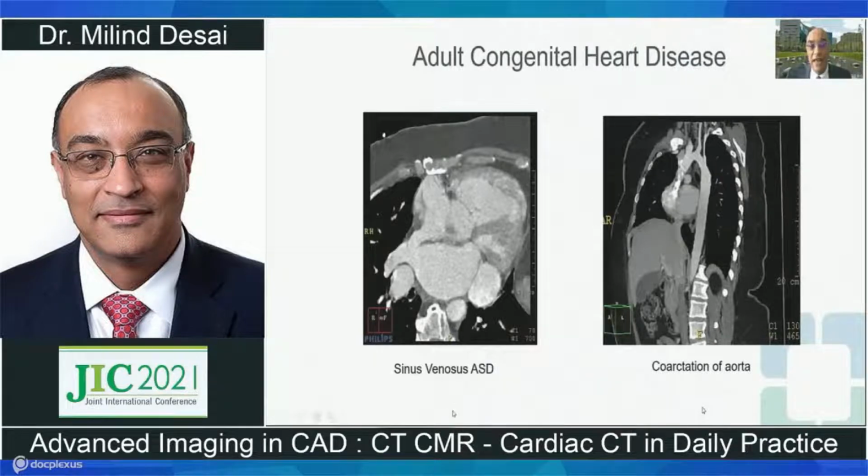But having said that, in the rightly selected patient, CT plays a huge role. The image on the left shows somebody with a sinus venosus ASD and anomalous pulmonary venous return. And the image on the right shows a patient with a coarctation of aorta. But in adult congenital heart disease, essentially sky's the limit, as long as you tailor the appropriate protocol.